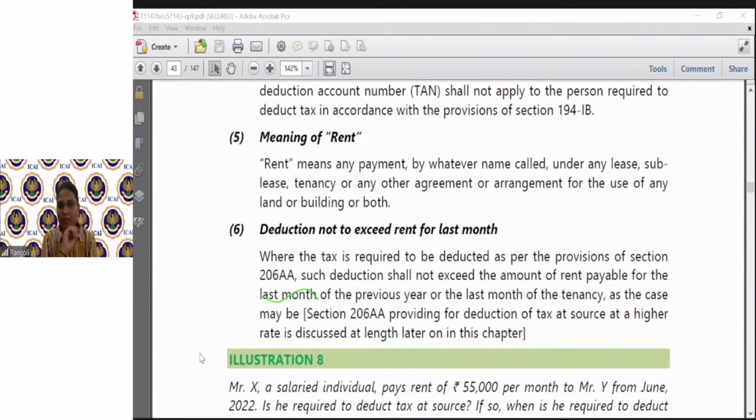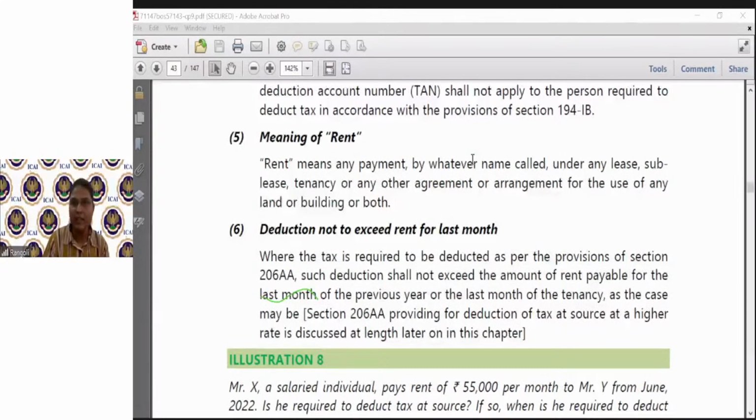So higher of 3 means: first, the rate prescribed in the section, which in the current section is 5%. Second, the rate in force, that is the rate prescribed by the Finance Act for the particular section, which is also 5%. And third, 20%, whichever is higher.